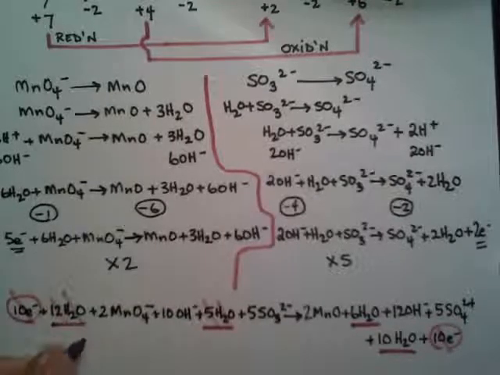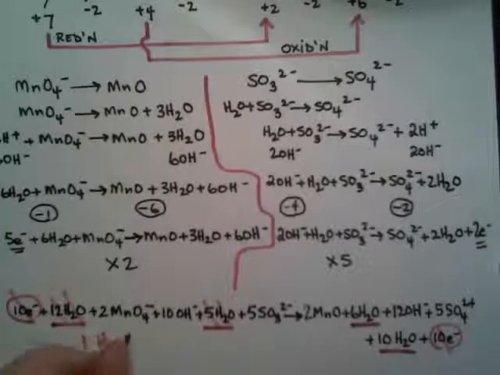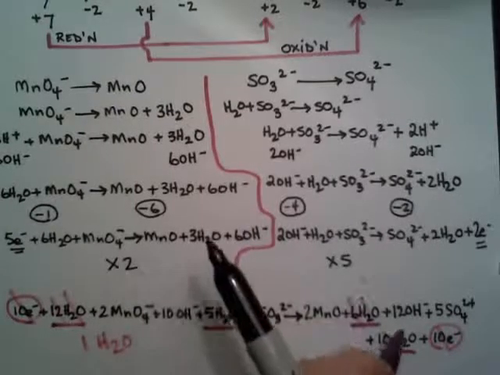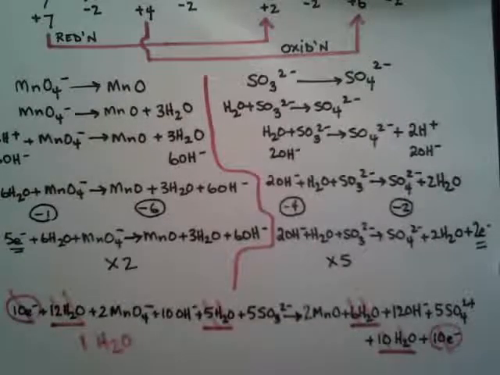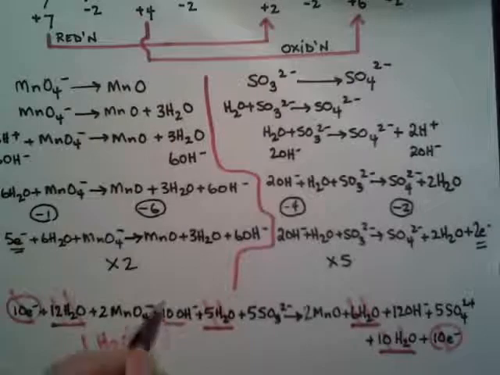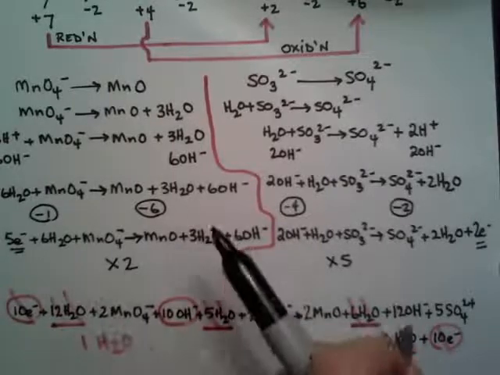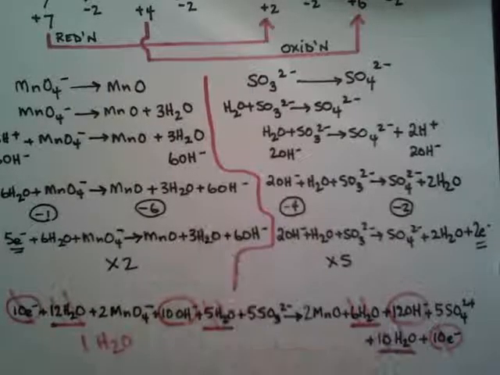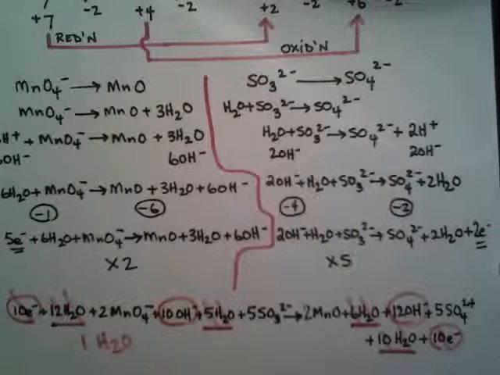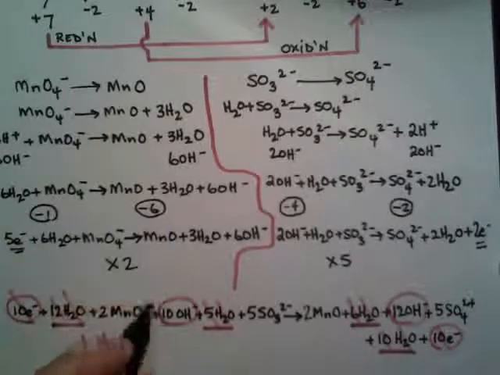So I'm left with 1 H2O on this side, not on that side, right? Because I had 17 and then 16. And I have 10 hydroxides on the left, and I have 12 hydroxides over here.